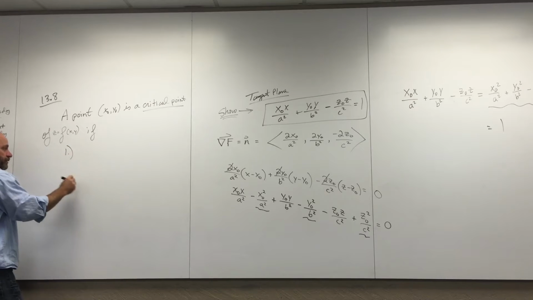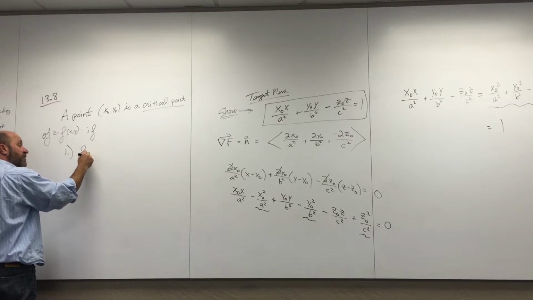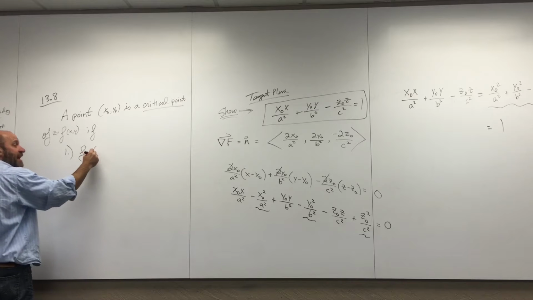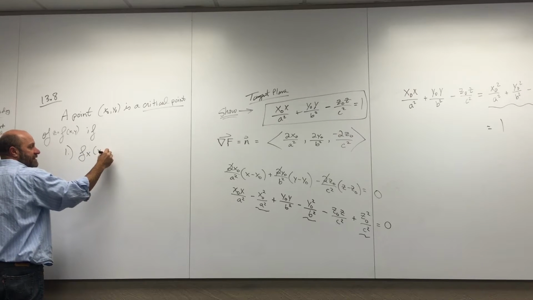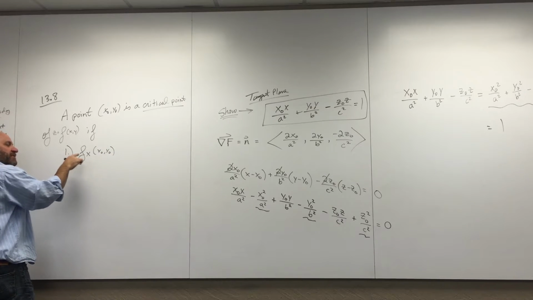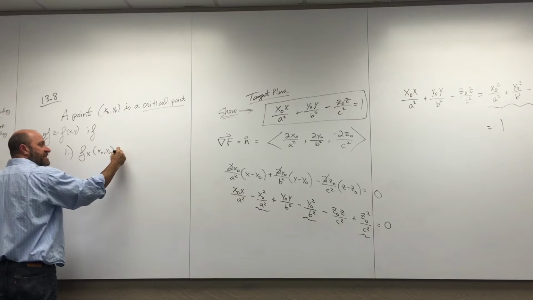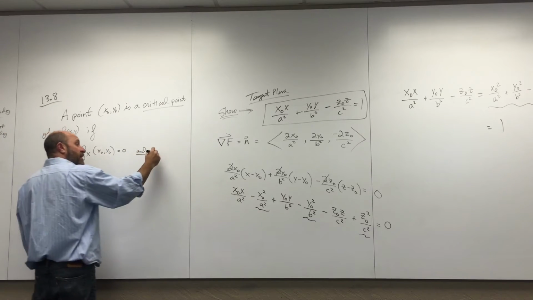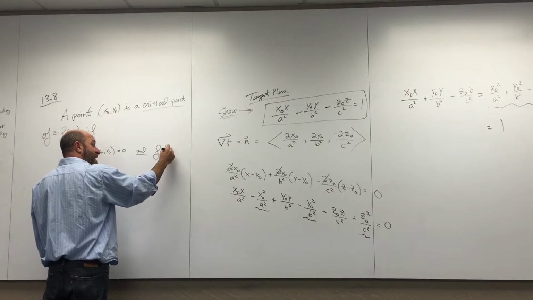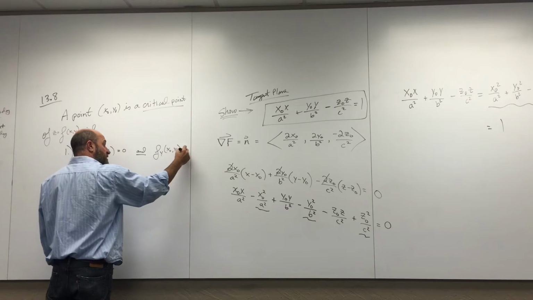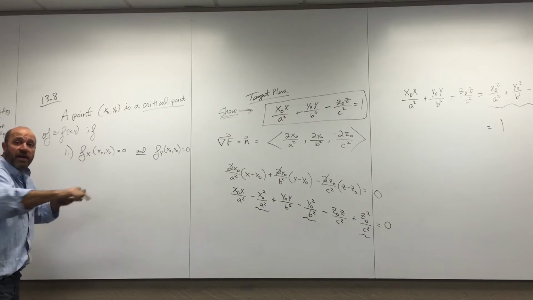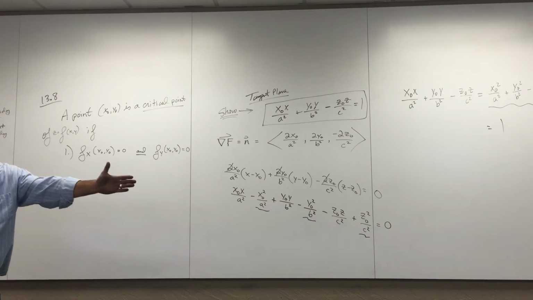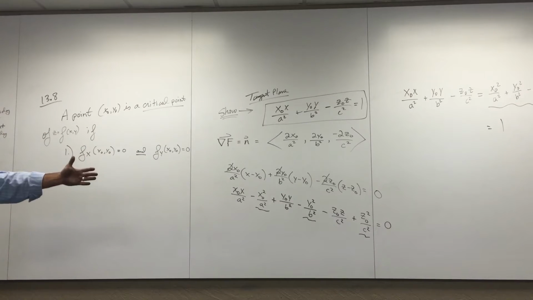number 1, the partial derivative of f with respect to x at that point is 0, and the key word is "and" there, the partial derivative with respect to y is 0. When they're both 0, then you're at a critical point that could be a min or a max.